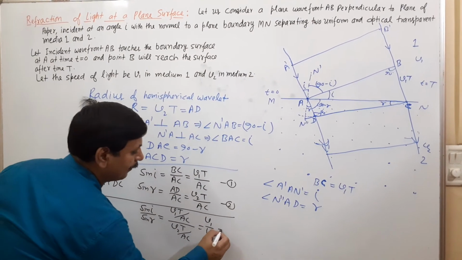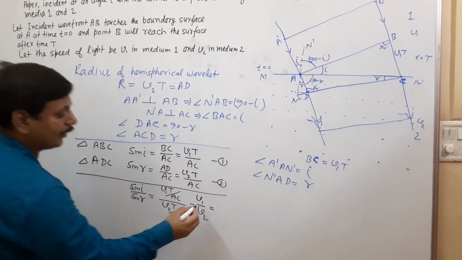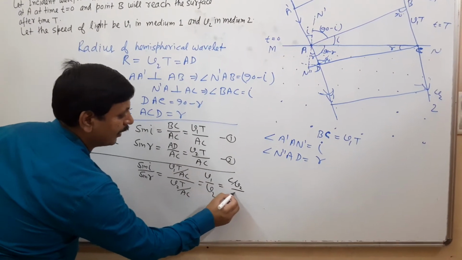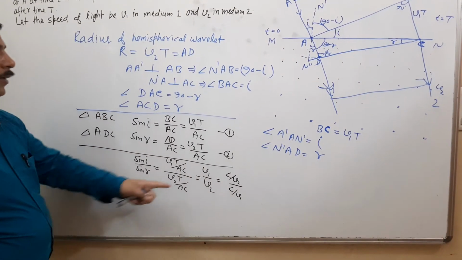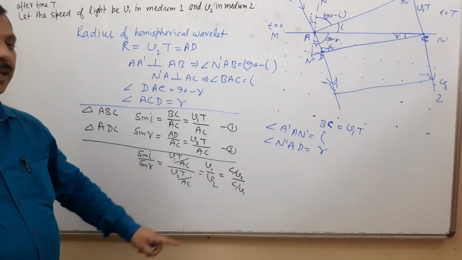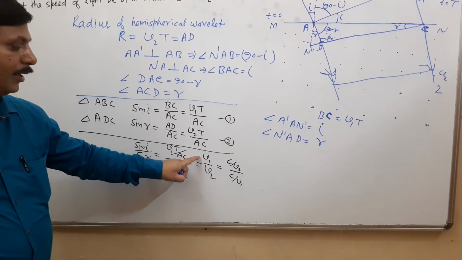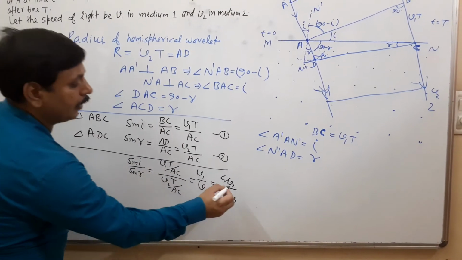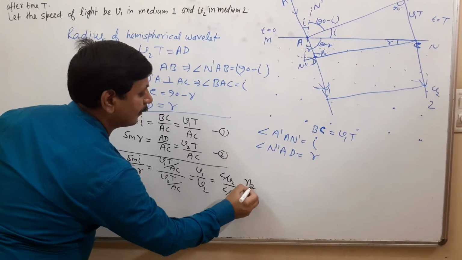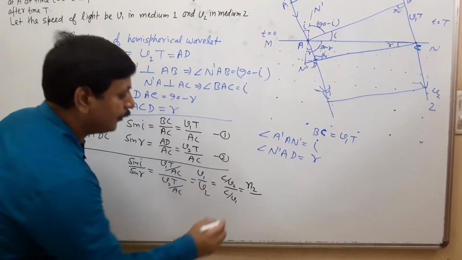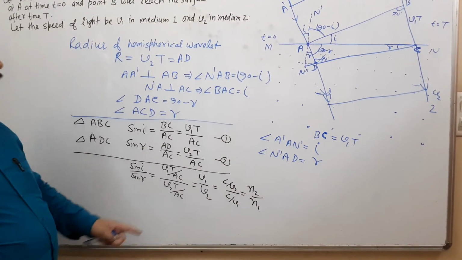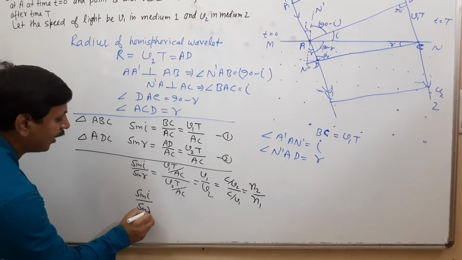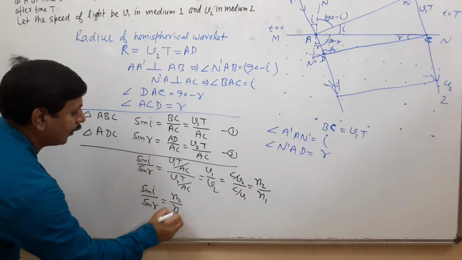See here, if you divide it by C, this can be written in the form of C upon V2 divided by C upon V1, in terms of speed of light. So C upon V2 is what? Refractive index. Absolute refractive index of medium 2 divided by absolute refractive index of medium 1. So sin I upon sin R is equal to N2 upon N1.